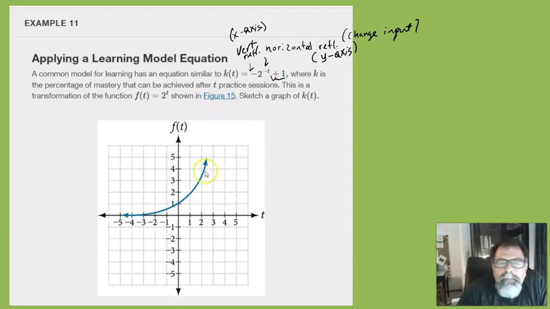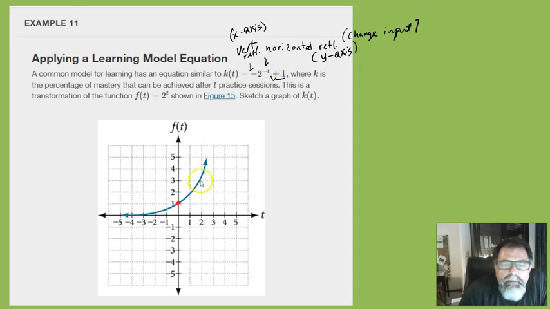Okay, so basically, let me see if I can get a new graph here to graph it. I'll just do it on this one. So we're going to flip it around. This one's going to stay in the same spot. Let's do the horizontal reflection first.